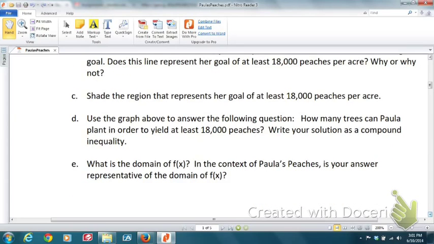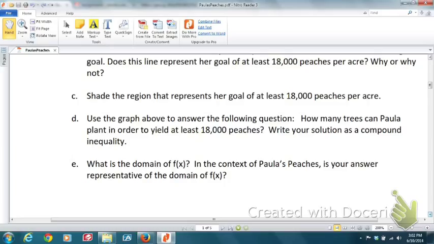All right, moving on to C, D, E. C says, shade the region that represents her goal of at least 18,000 peaches per acre. First of all, the curve or the quadratic or the parabola represents the number of peaches that she can produce. So you can't go above that curve. Second, you have a line that represents her goal of producing 18,000 peaches. So now you have to shade what part of that region that she will get at least her goal of 18,000.